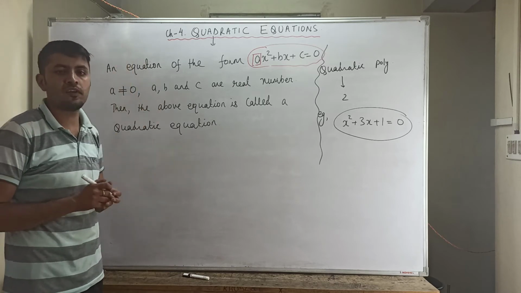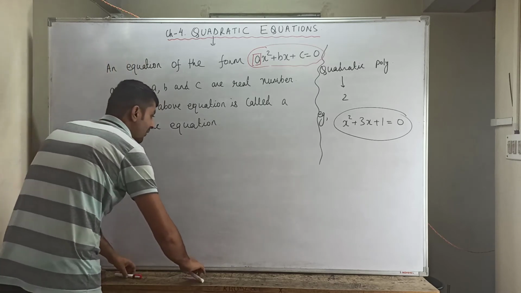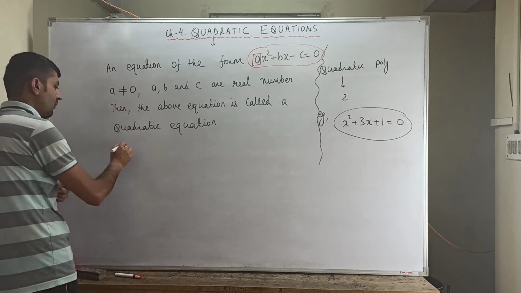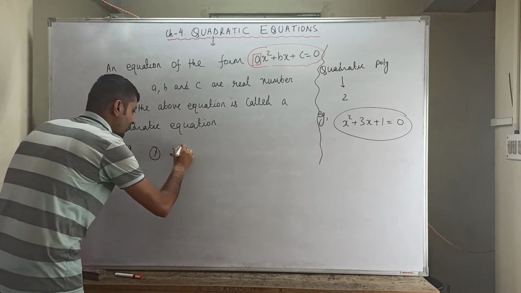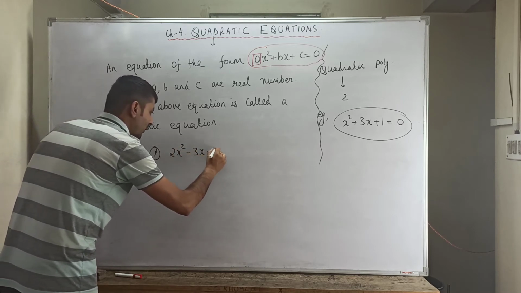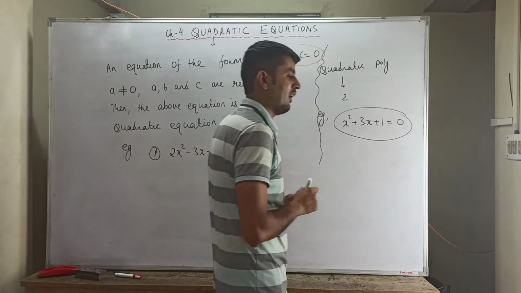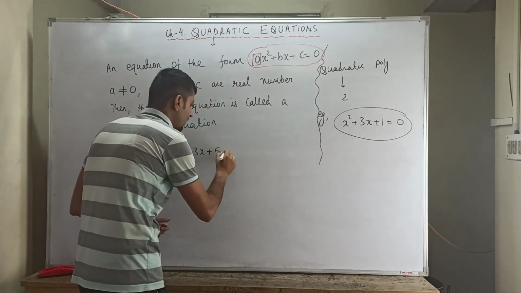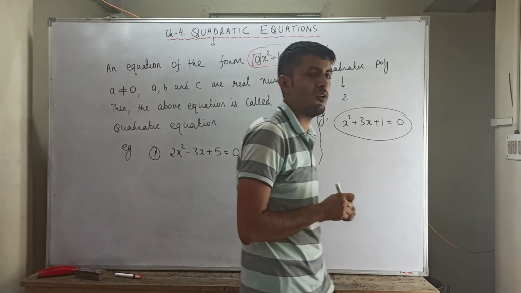In order to understand this more properly, let us take some examples. Let us take the first one: 2x square minus 3x plus 5 equal to 0. My question is whether this is a quadratic equation or not.